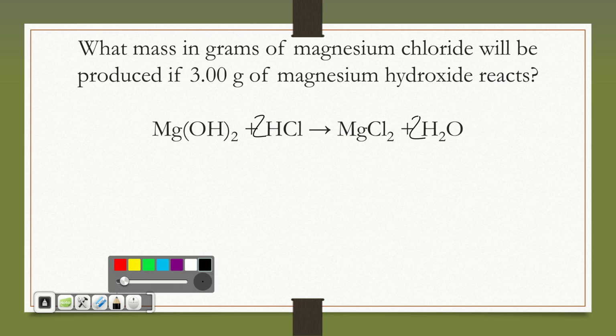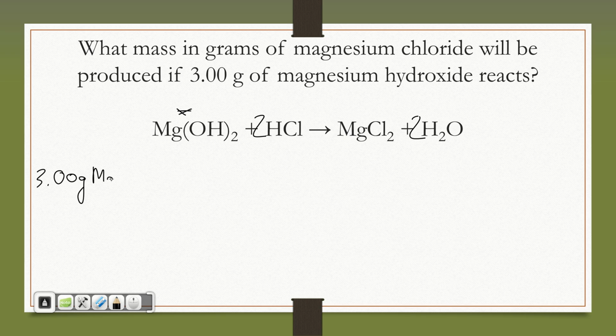All right, I'm starting with 3 grams of magnesium hydroxide, this guy. So 3.00 grams of Mg(OH)2. Whew, okay. I need to go up. I'm trying to go to grams of just magnesium chloride.